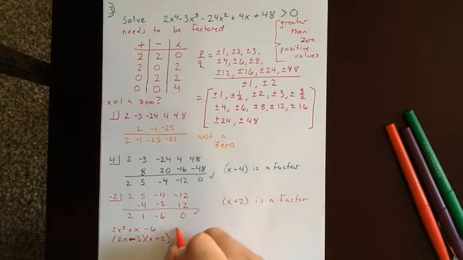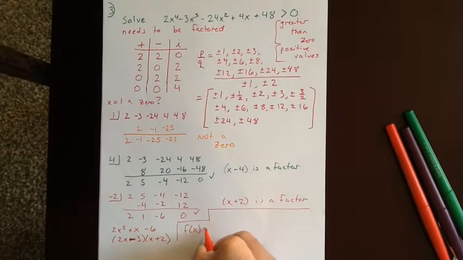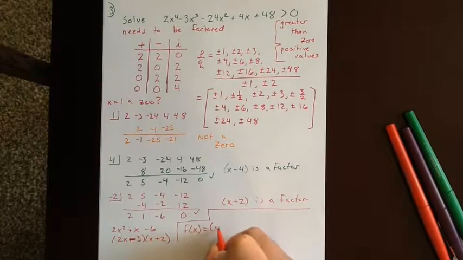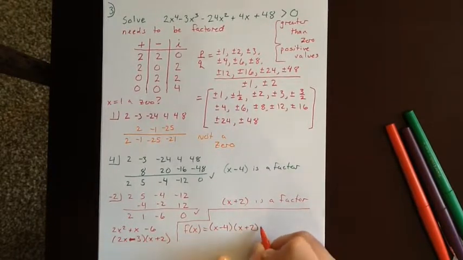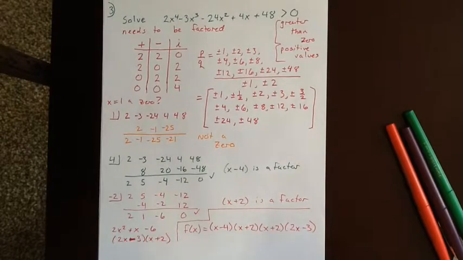Leaving us with a factored polynomial of, I'm just using f of x, it wasn't really labeled at the beginning. So x minus 4, x plus 2, another x plus 2, and 2x minus 3. Giving us zeros of positive 4, -2 and 3/2.